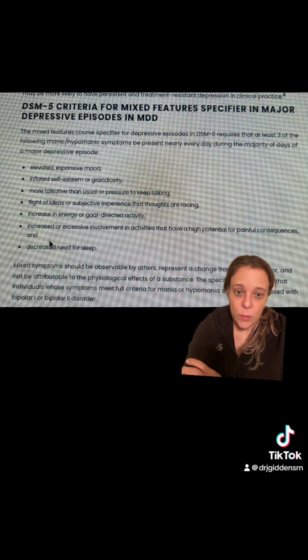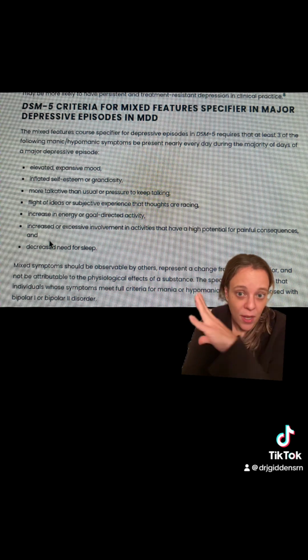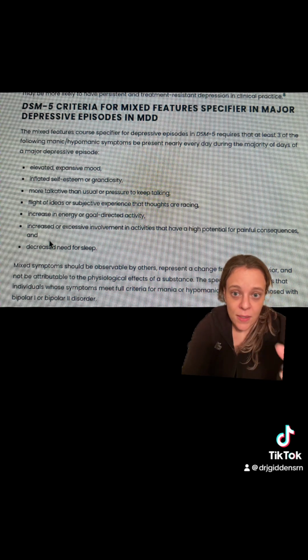And these are the symptoms that we would be looking for in hypomania or mania to help us differentiate, is this a bipolar disorder? And we could see things like elevated or expansive mood, inflated self-esteem or grandiosity, flight of ideas or those thoughts nonstop, or feeling more talkative than normal, increased energy or increased goal-directed activity, so wanting to do all of the activities, all of the things, getting more involved, increased involvement in activities that can lead to potential consequences or harm.